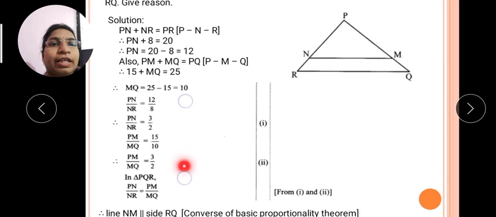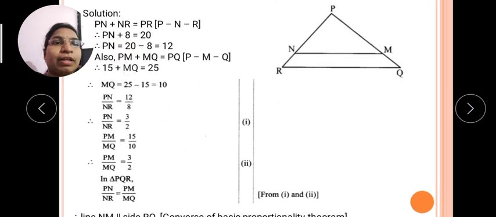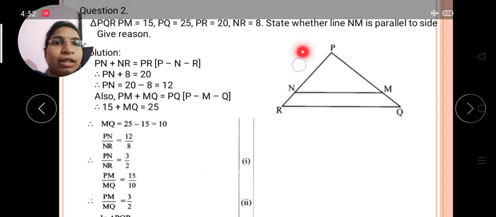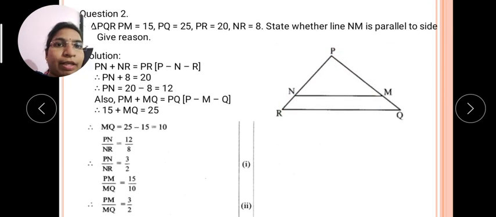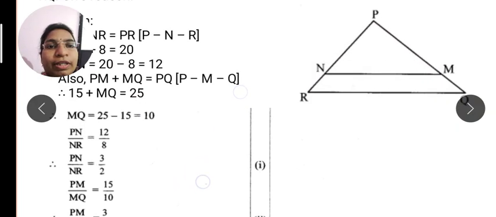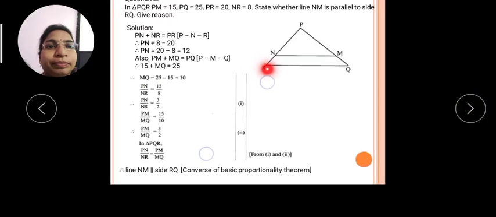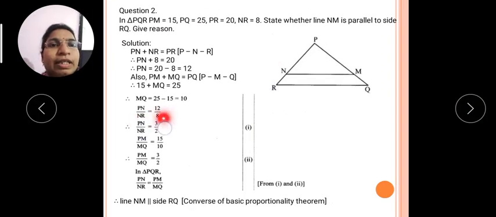Now after getting MQ, we know every measurement: PN, NR, PM, MQ. Now you have to see whether this ratio is the same or not. PN upon NR equal to PM upon MQ. After substituting the values, PN upon NR is 12 by 8, and after reducing, PN upon NR is 3 by 2.